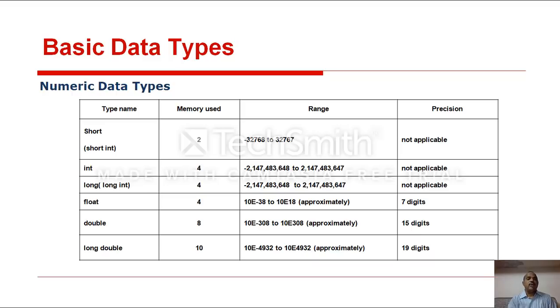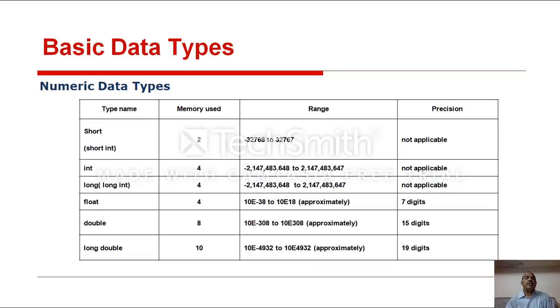Floating types are used for things like bank accounts, rupees and paise, prices. For example, 94 rupees, 56 paise. In those situations we should use float, double, long double, which have decimal precision points.